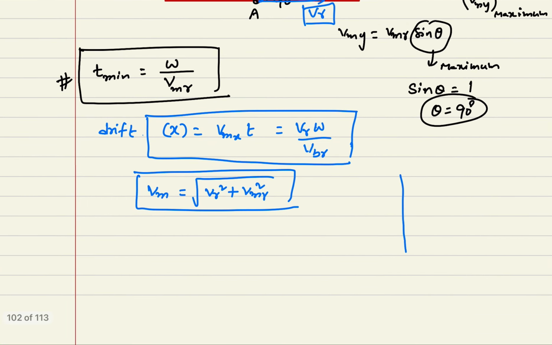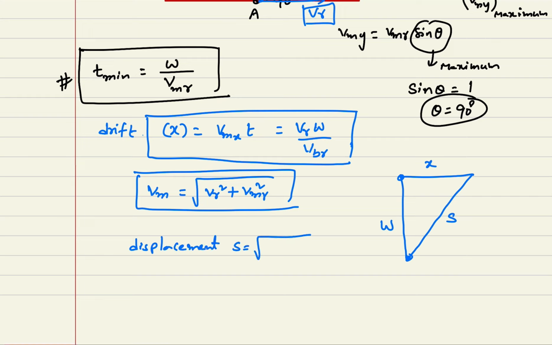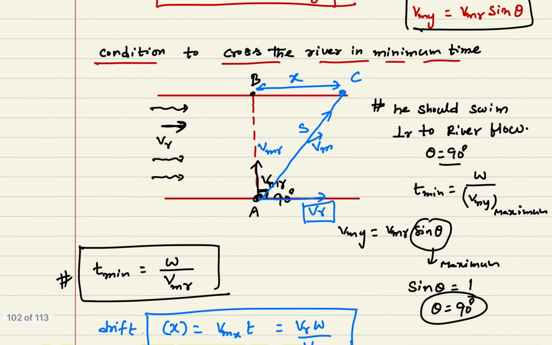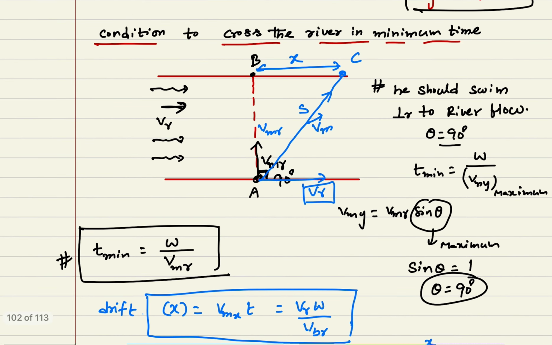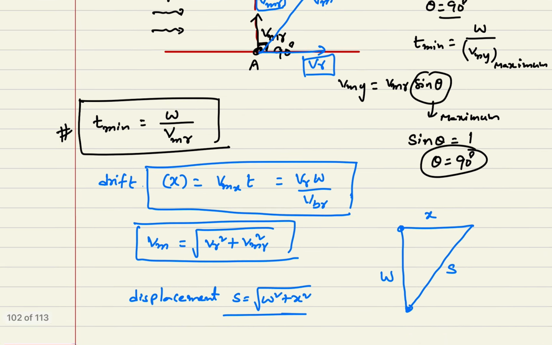Now if you want to calculate displacement, as per the question, with width W and drift x, displacement S is equal to the square root of W square plus X square. These are the relations you can identify. This is the condition I have given to cross the river in minimum time. In any problem, if they mention minimum time, the man with respect to the river should be like this.